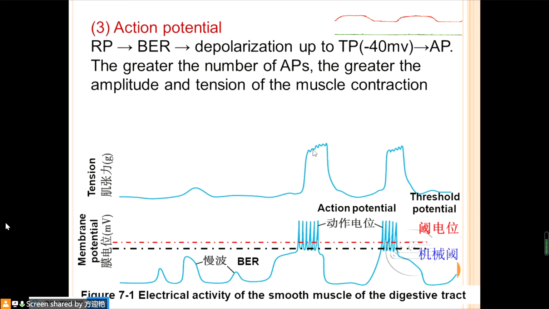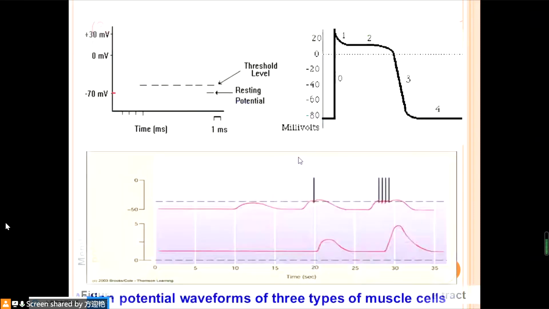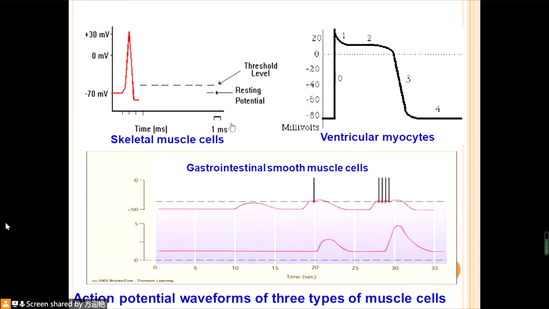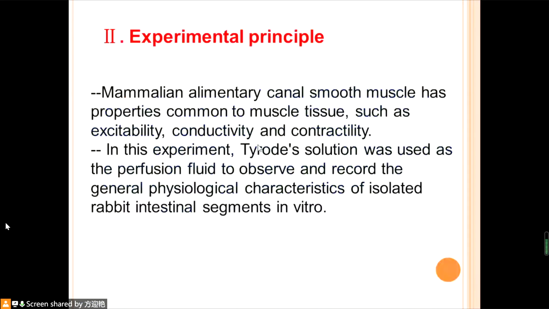If the number of action potentials is greater, the amplitude and tension of the smooth muscle contraction are greater. We know that. Okay, and these are mainly three types of cell action potentials. Based on this knowledge we do this experiment.